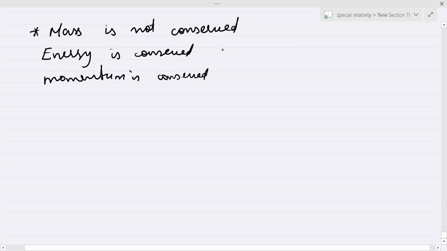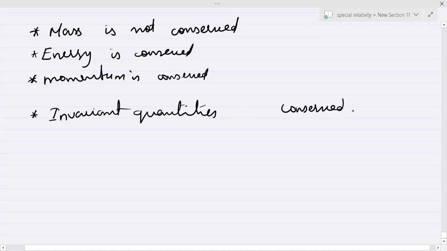Here it may be a bit confusing at first, because just before I said mass is invariant. There are two words that seem to have the same meaning, but you have to distinguish between them. We have invariant quantities, and we also have conserved quantities.